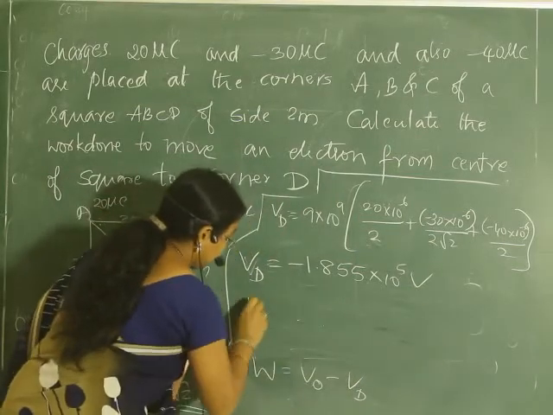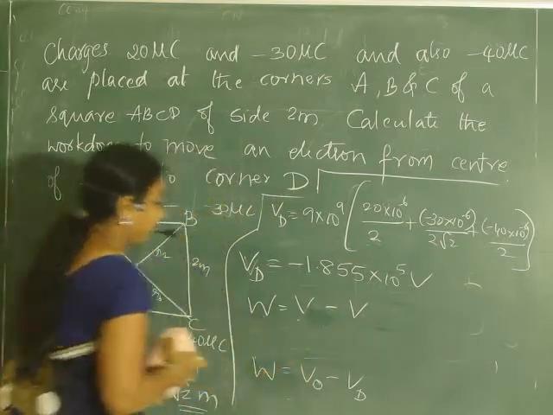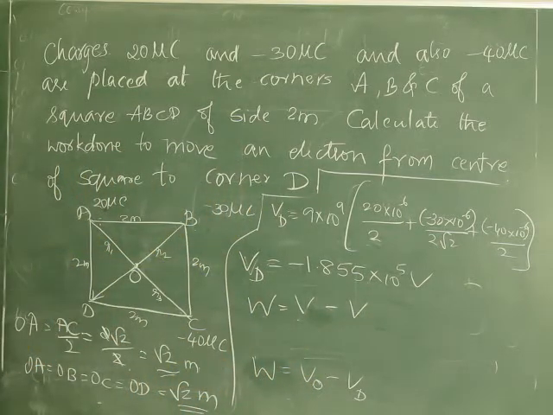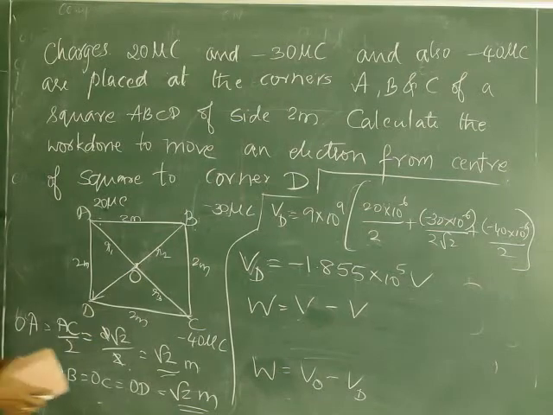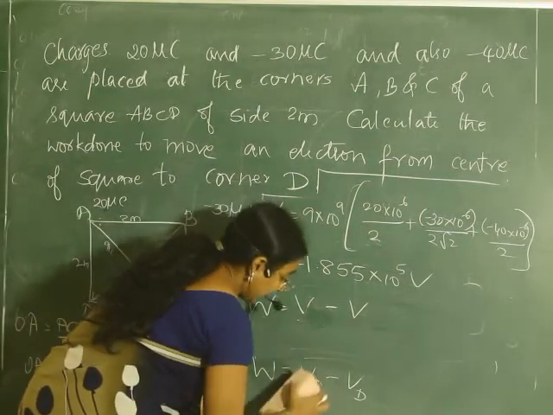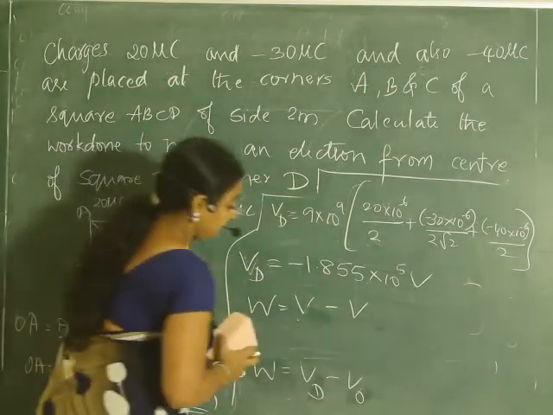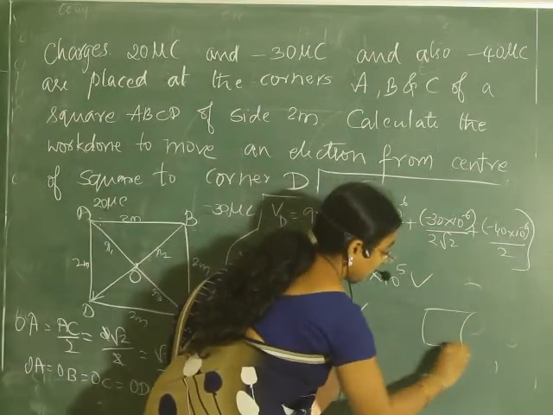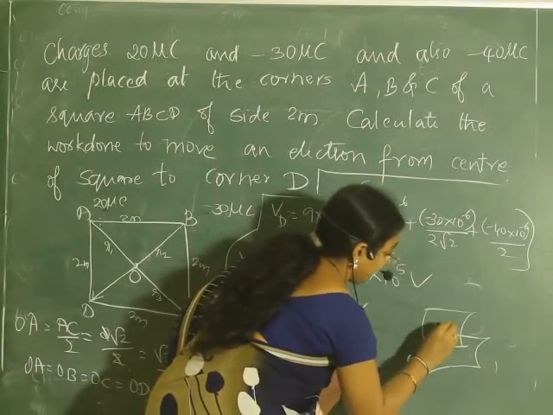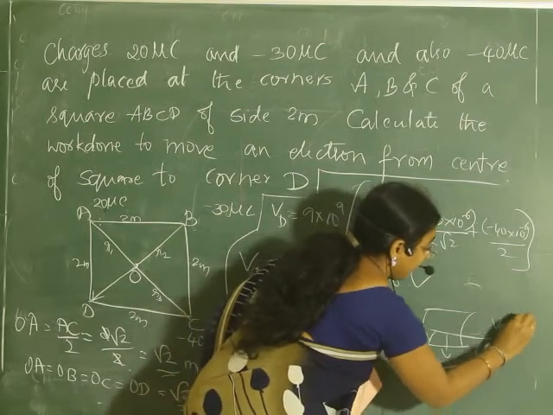Therefore, work done is equal to VO minus VD. So, what is the work done to move from O to D? Since it is O to D, we will not take it as O minus D. We have to take it as D to O. See in the previous one, we were moving from B to A, so we have taken VA minus VB.